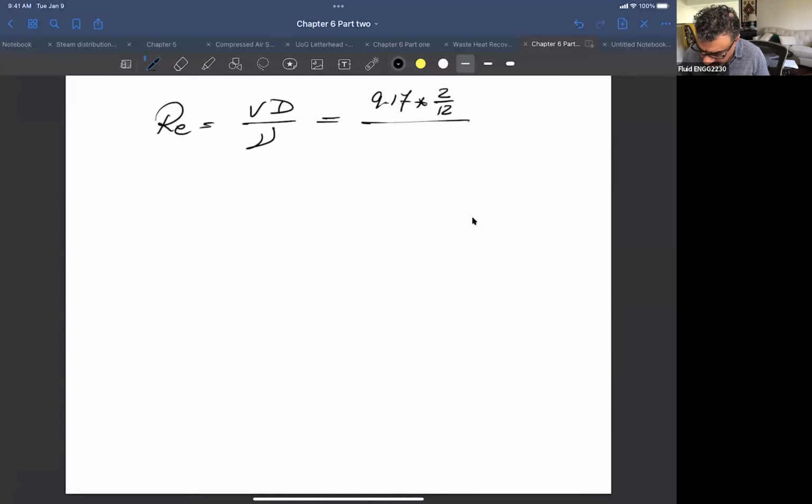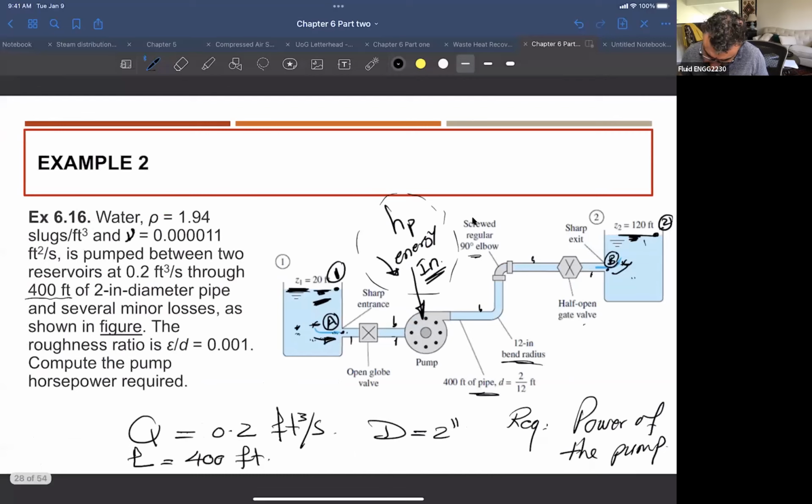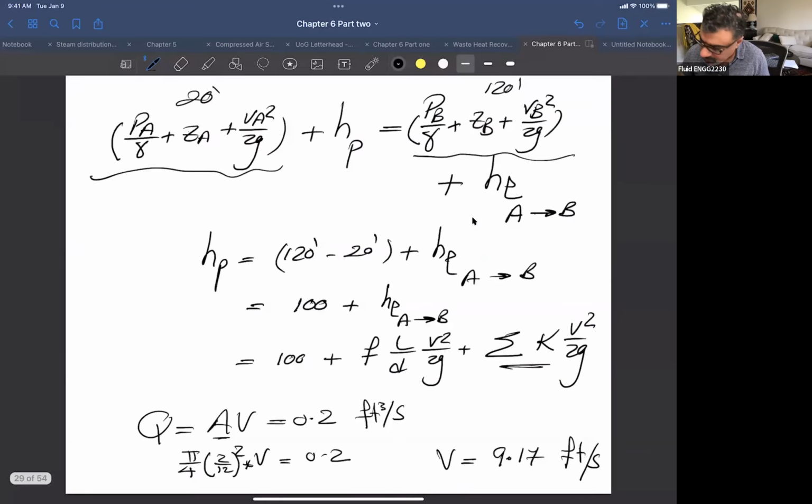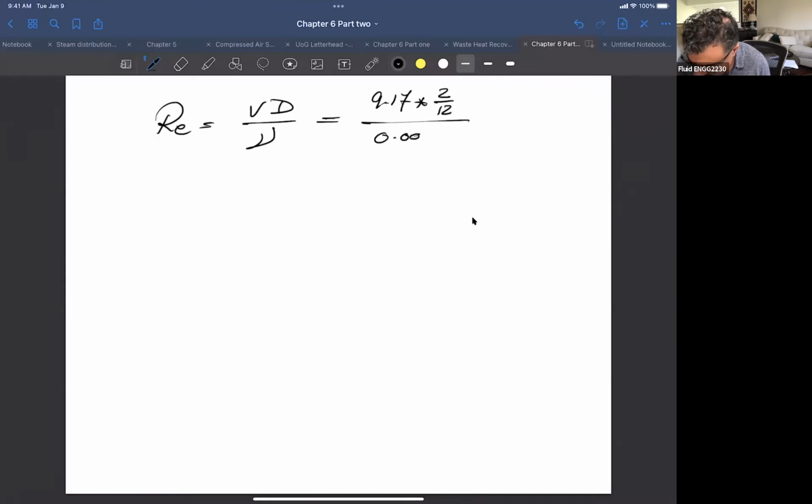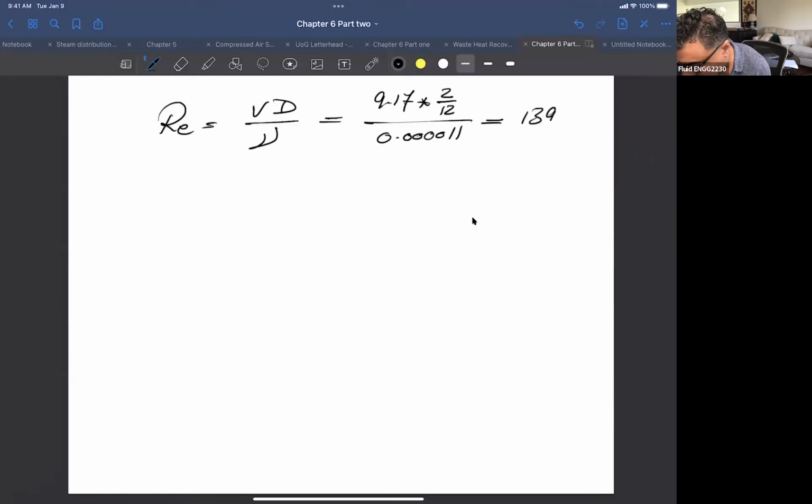The kinematic viscosity is given as this value here in feet squared per second, 0.000011. So this value here is 139,000, right? And we have epsilon over D that is given also.